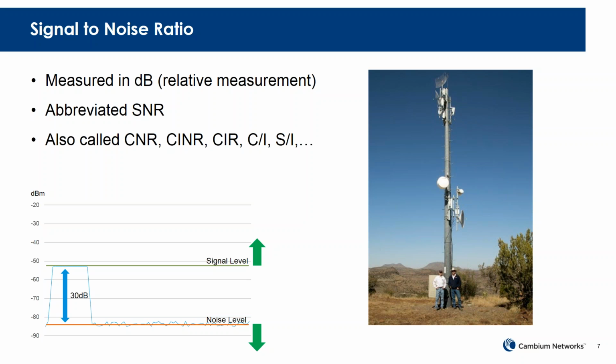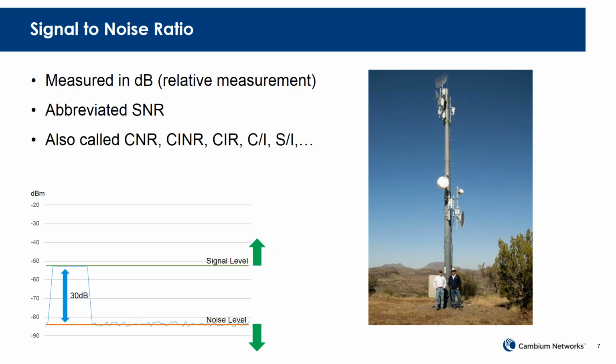Also, I have a note here that with SNR, sometimes you'll see things like CNR, CINR, CIR, C to I, S to I. These are all different forms of this idea of signal-to-noise ratio, and they have very small differences depending on the band. Depending on the band, they may not use the term SNR. They may use the term CINR.